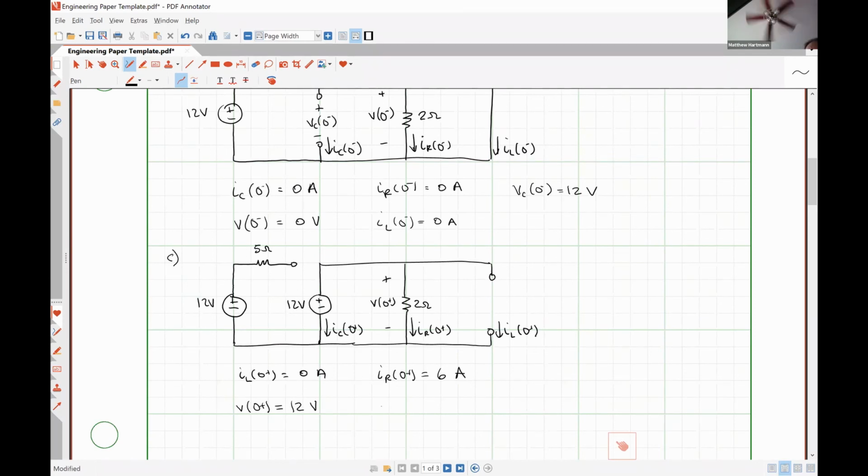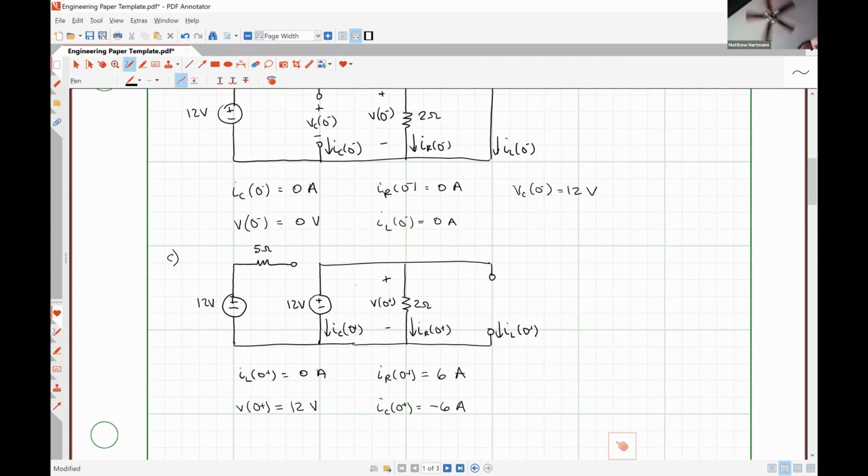And IC at 0 plus must be negative 6 amps, because the current that flows down through the resistor is going to see that node at the bottom, and all of it is going to flow to the left because it can't flow through the open circuit, and then flow up through that leftmost branch containing the capacitor. So the 6 amps of current is flowing in the opposite direction as IC at 0 plus is defined. So that's why we get negative 6 amps.